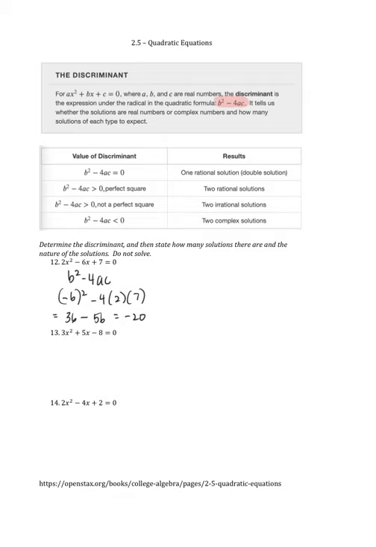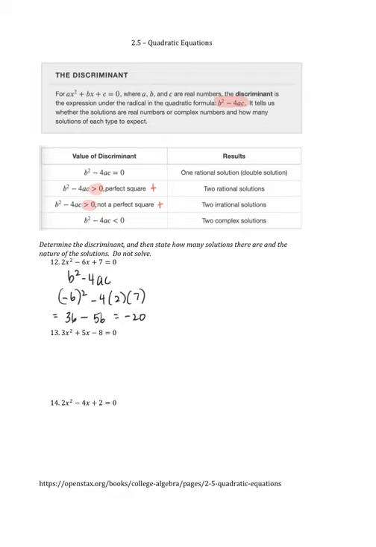So if the discriminant is equal to 0, we have one rational solution. If the discriminant is greater than 0, in other words, if it's positive, and it's a perfect square, we have two rational solutions. If it's positive but it's not a perfect square, you have two irrational solutions.